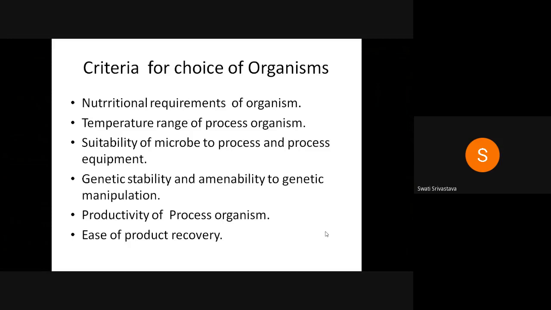So the organism should require a simple nutritional substrate. The stringent requirements for oxygen or for a particular kind of gaseous environment should not be that rigid. Only then will the organism be a good organism for your processes.